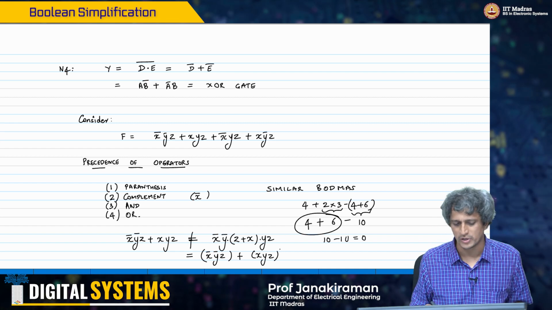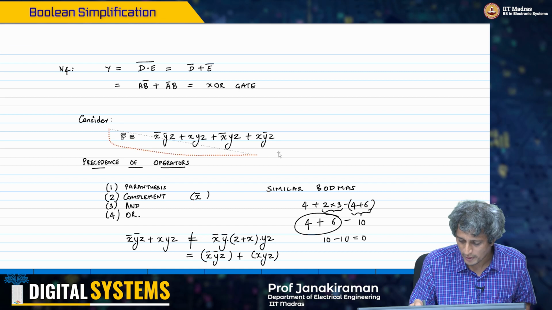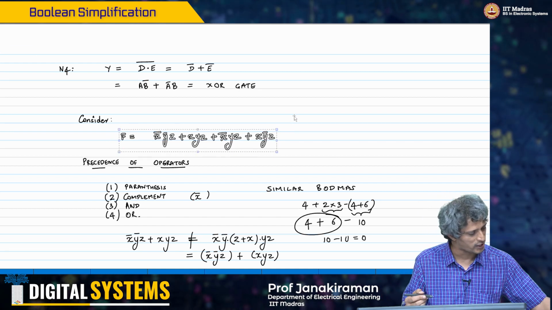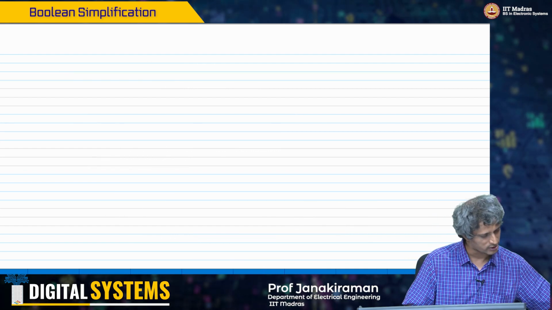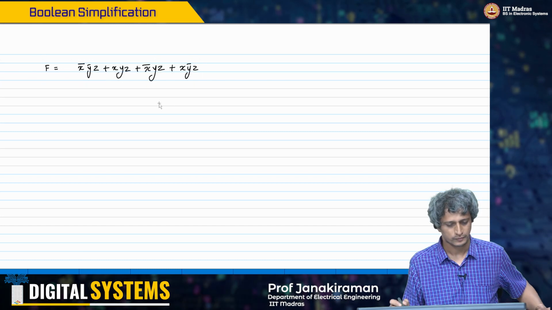So let's come back to this Boolean simplification that we wanted to look at. We want to basically now find the simplest possible Boolean representation of this expression, right.